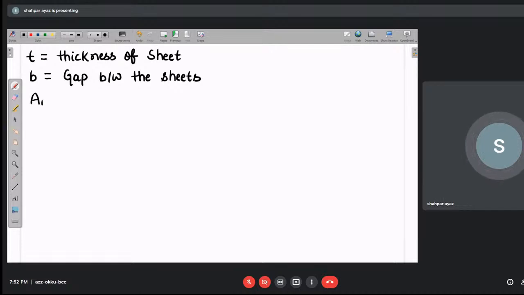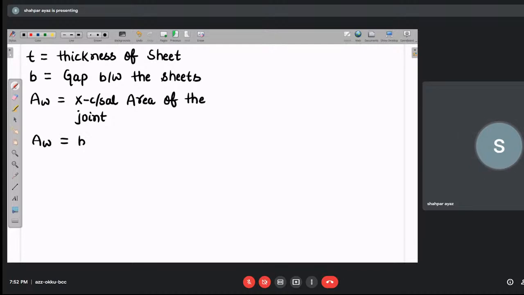AW is the cross-sectional area of the welded joint. So the value of AW is your B into T. This is the first formula.